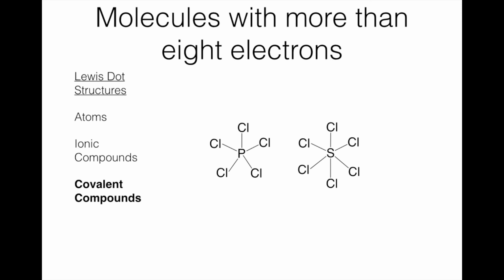Phosphorus has 10 electrons currently, and sulfur has 12. Also it's important to keep in mind that most of the time these elements will satisfy the octet rule, but if you're in row 3 or down, it's okay to not have them or to violate it in certain cases.